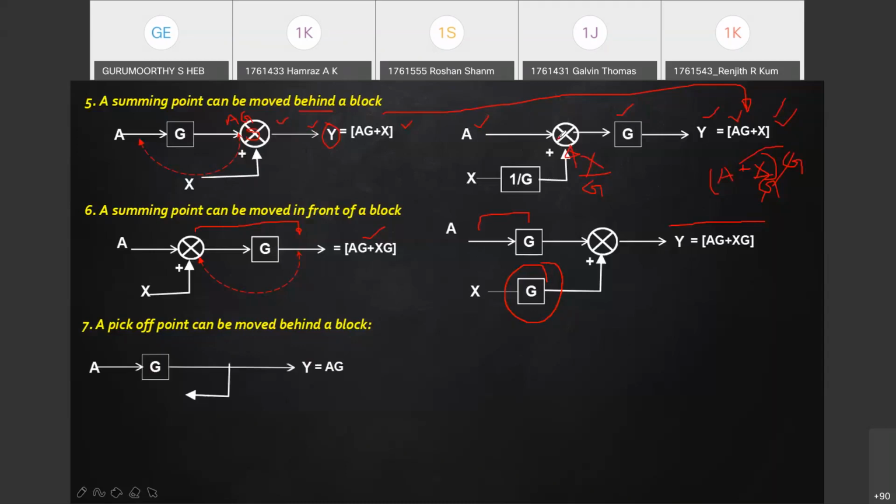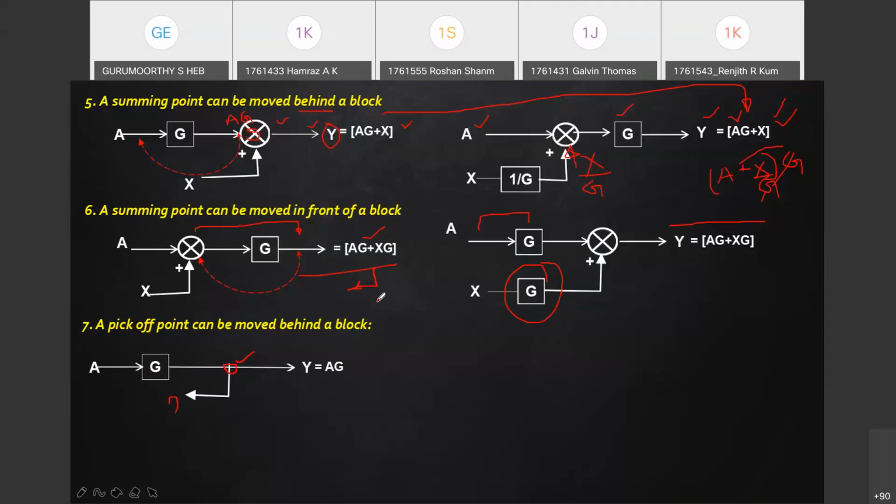The same thing happens when you are talking about a pick off point. You call it a take off or pick off point from a signal. If you are tapping some value from a signal, you call it a pick off or take off point. This also you can just see: what is the value before and after.